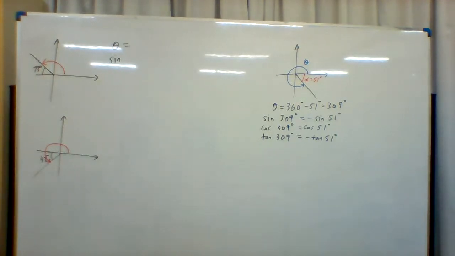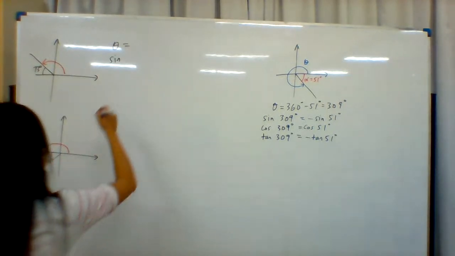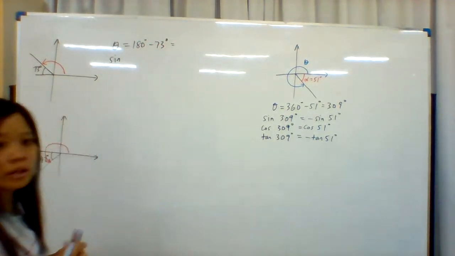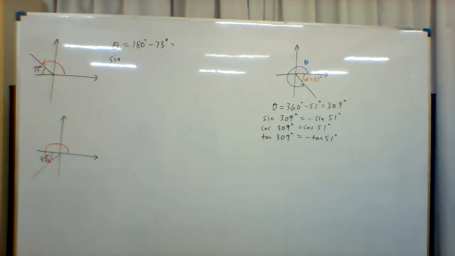Okay, so your theta is in the second quadrant, an obtuse angle. Therefore, you have to take your 180 minus 73. Okay, and then you will get your answer 107.